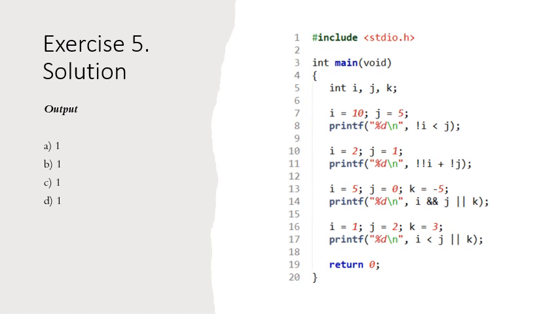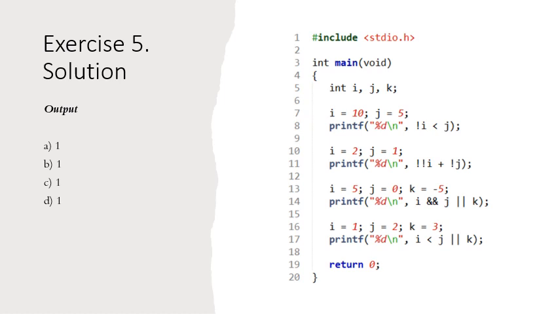And then for line 13, we are assigning 5, 0, and negative 5 to your variables i, j, and k. So we would like to evaluate the expression i and j or k. Your and has a higher precedence than your or. So we evaluate i and j first. So that is 5 and 0.